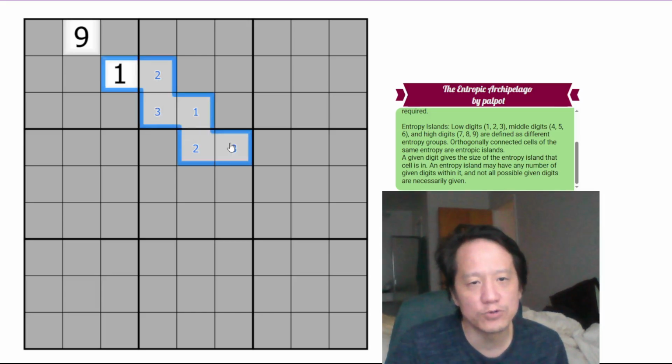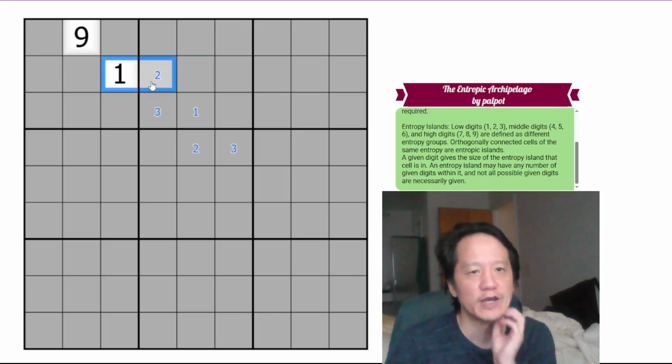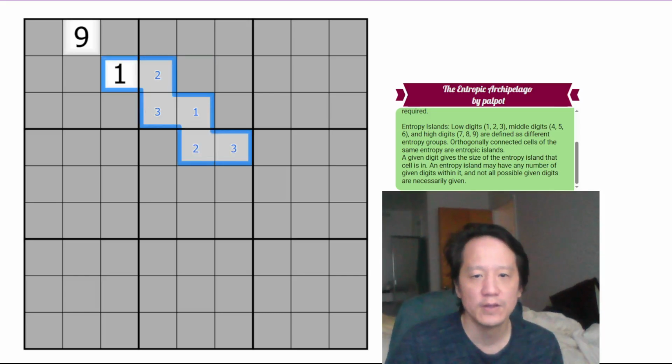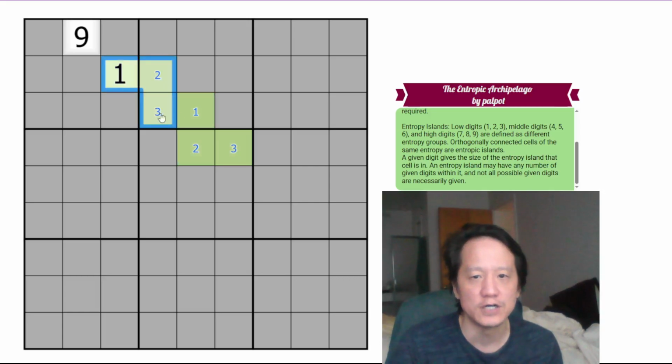And let's say there were no other digits from 1, 2, and 3 that were orthogonally connected, which means basically share an edge with any of this island. This would be one entropic island, and the size of it would be 6, right? Because a given digit on this island would have to be 6 if that were the case, which is why we're ignoring this as a given island.